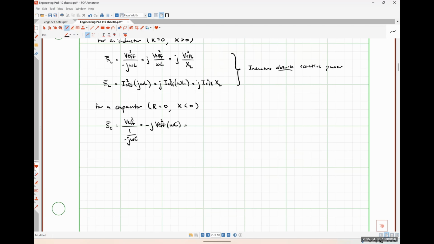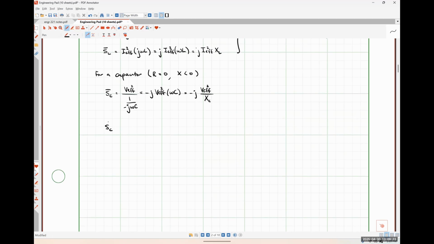And putting things in terms of my reactance, this comes out to be negative J times V effective squared divided by XC, where the reactance of my capacitor is just the magnitude of that impedance, 1 over omega C.